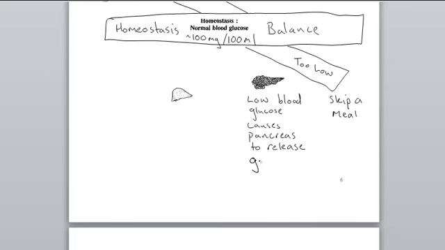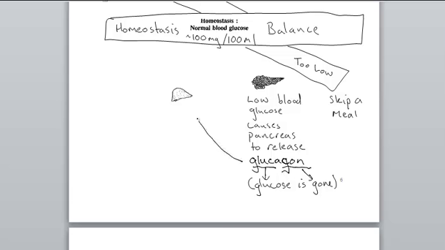So glucagon is a hormone. It's going to release it into the blood. And I remember this. It releases glucagon because the glucose is gone out of the blood. You don't have enough. Okay, so when your glucose is gone out of your blood, your pancreas will release glucagon.